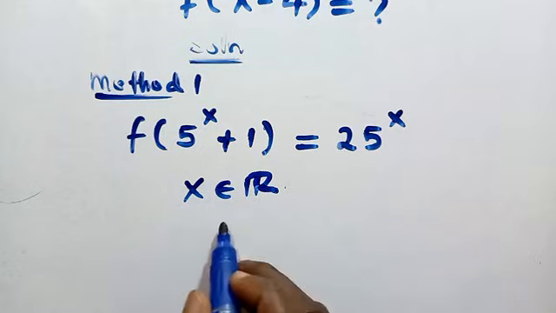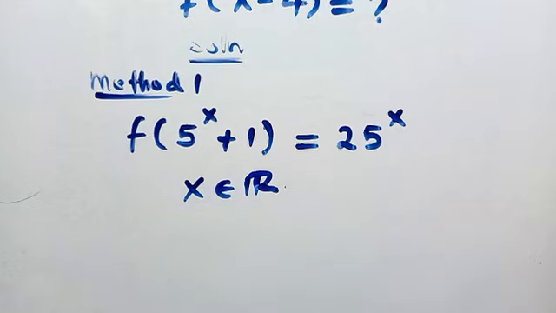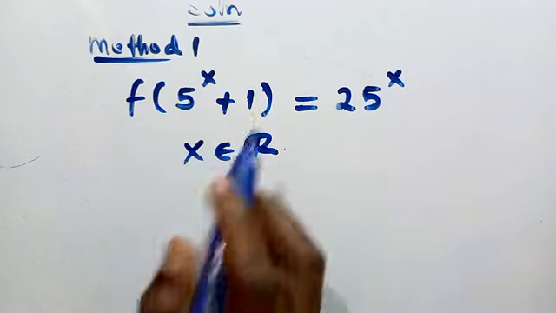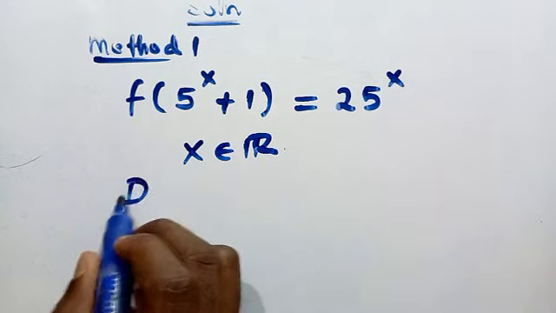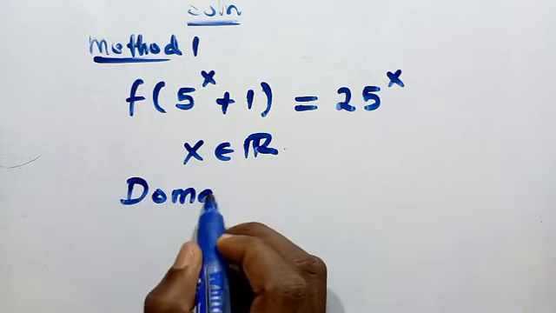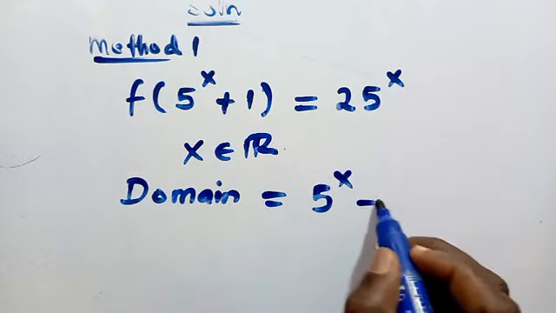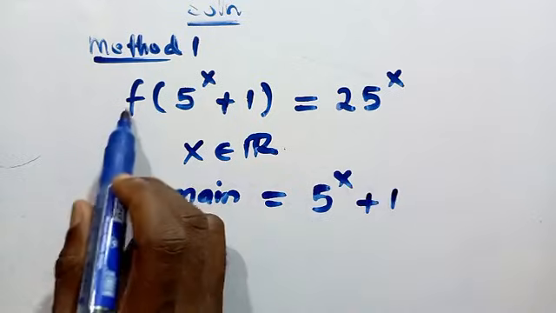That is, any value we are going to get will satisfy the real numbers for the value of x. Then from this domain, we have 5^x + 1. So that is the domain of this function.